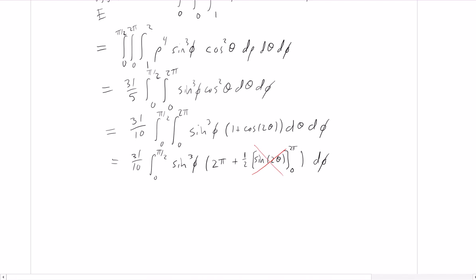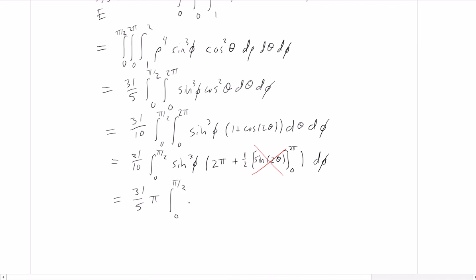When you plug in 0 and 2 pi, you get 0 both times. It's just 0 minus 0. So really we just have this 2 pi here. And that's a constant, so we'll just bring it out front. So we have 31 over 5 times pi is the constant out front now.